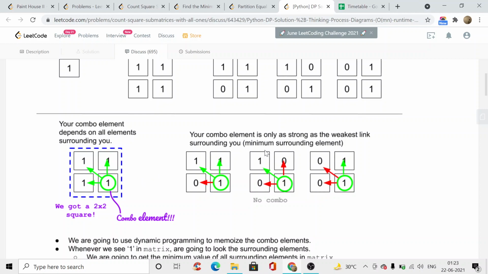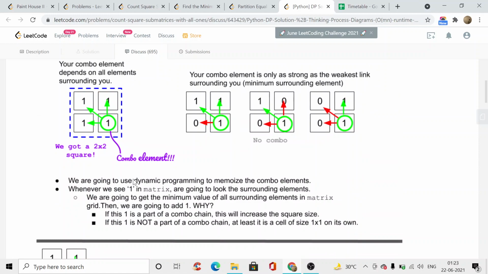Your combo is only as strong as the weakest link surrounding you. Minimum surrounding you. We are going to use that to memoize, and whenever we see a one in the matrix we are going to look at the surrounding elements. Yes, we are going to get the minimum value of the surrounding elements.